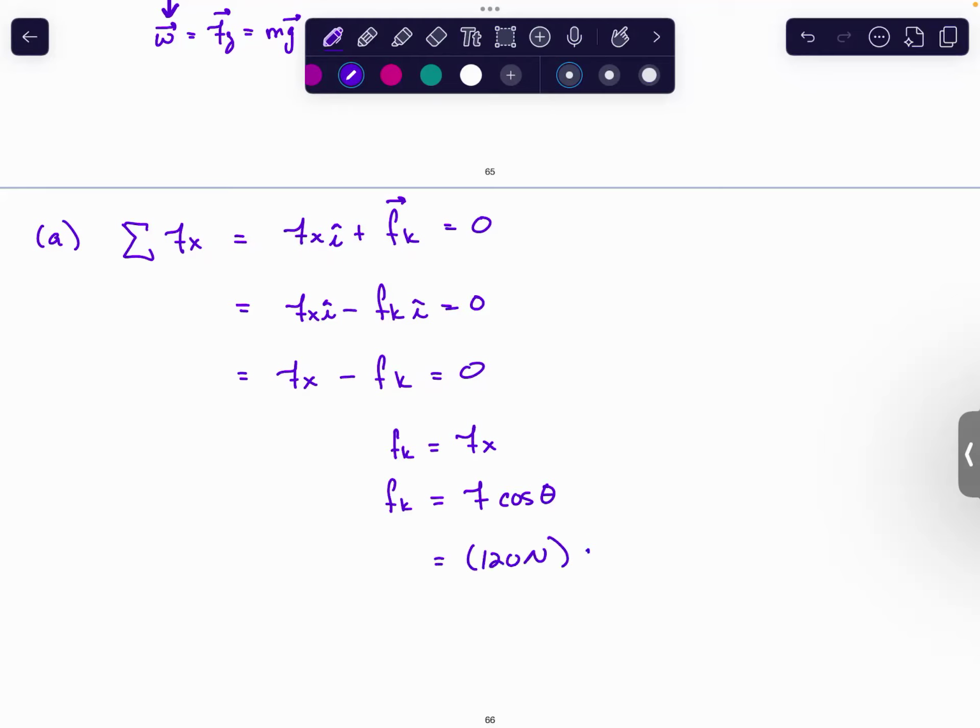That's 120 newtons, cosine 22 degrees. And our kinetic friction force is going to be about 111.3 newtons.